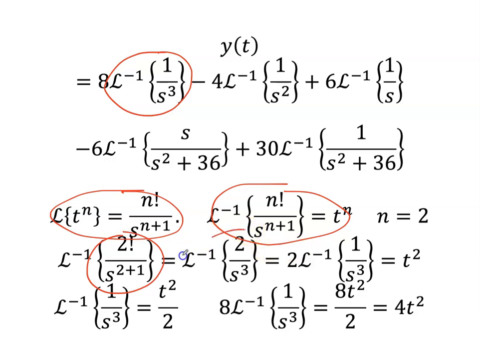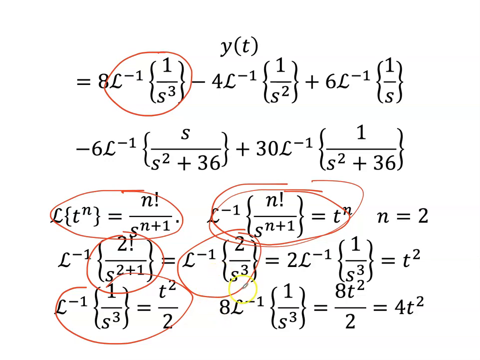In other words, the inverse Laplace transform of 2 over s cubed, which is 2 times the inverse Laplace transform of 1 over s cubed. It's going to be t squared based on this formula here. Awesome. So 2 times the inverse Laplace transform of 1 over s cubed is t squared. In other words, the inverse Laplace transform of 1 over s cubed is t squared over 2.